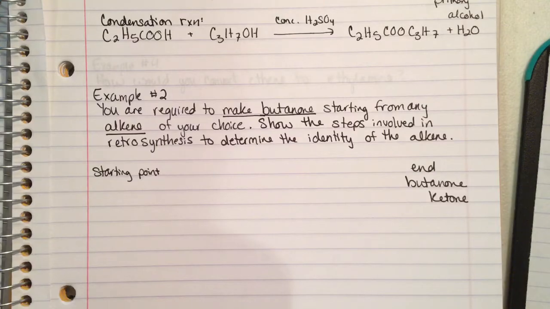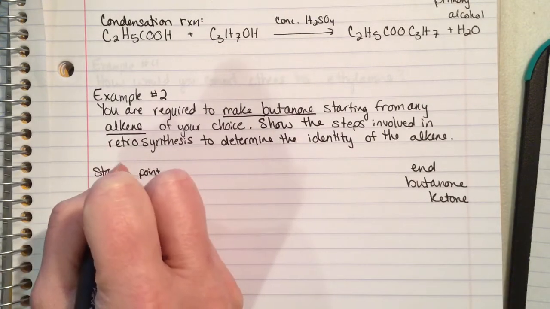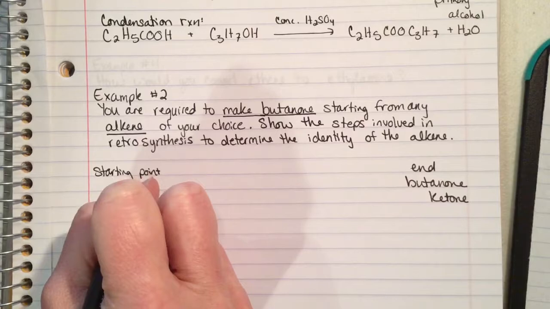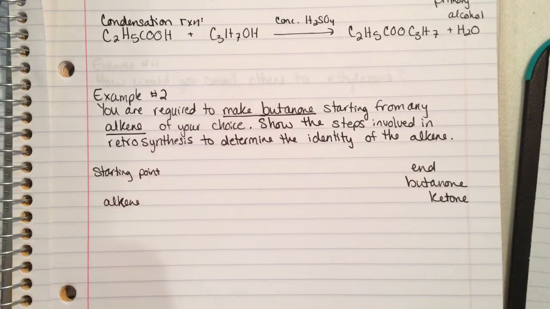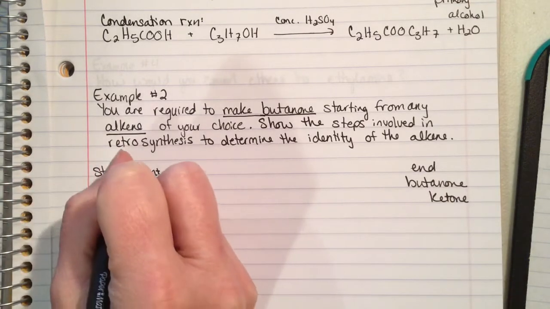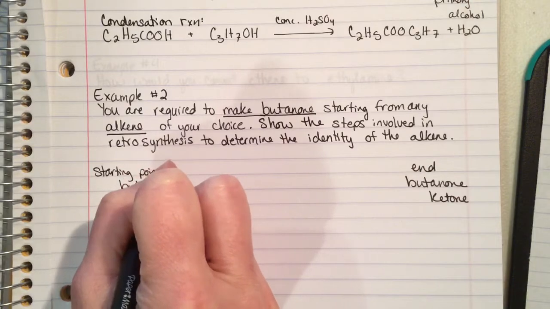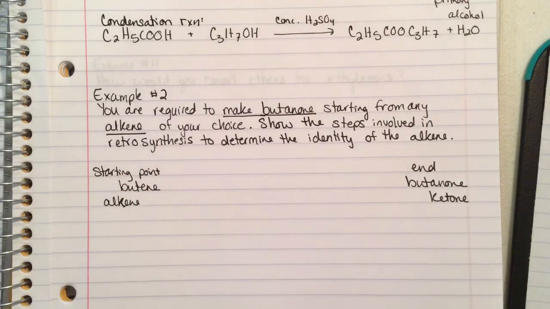And I know that I'm going to start with an alkene. And I already took a bet that that alkene is going to be butene. But what kind of butene? Is that double bond going to be on carbon 1 or carbon 2? If it's on carbon 3, it's really basically back on carbon 1. So there you go.